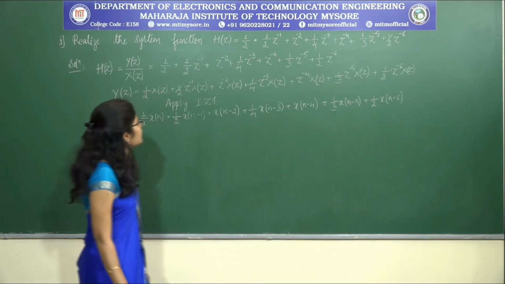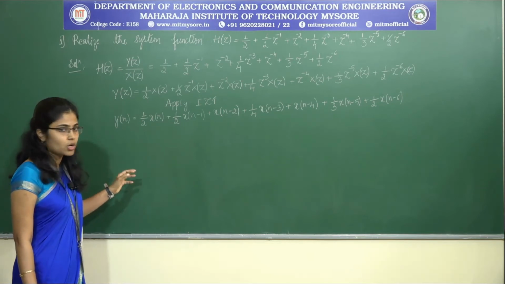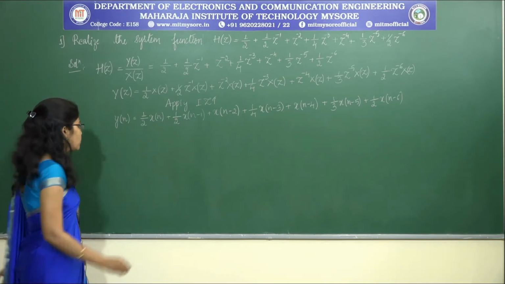So from the system function we obtain the difference equation. Now it is very easy to draw the direct form with the help of the difference equation.